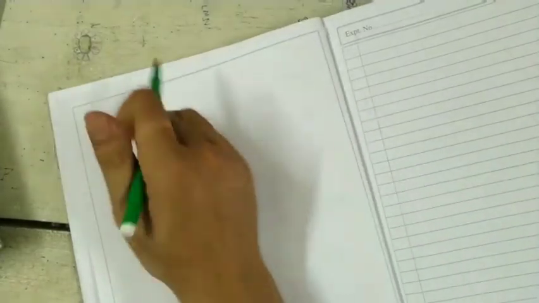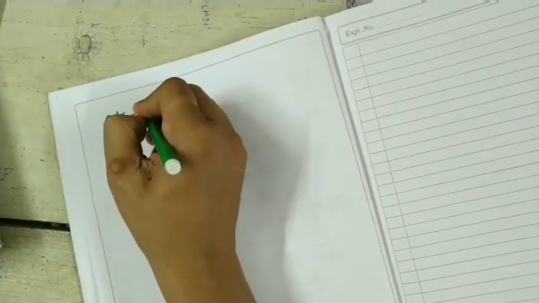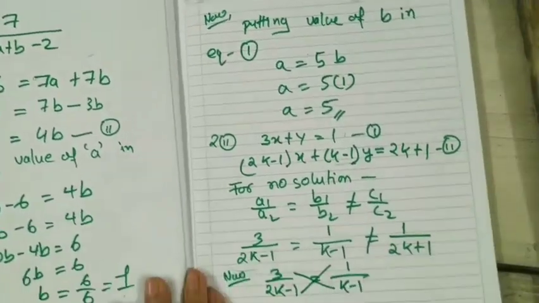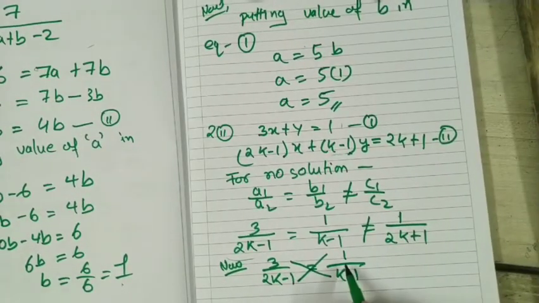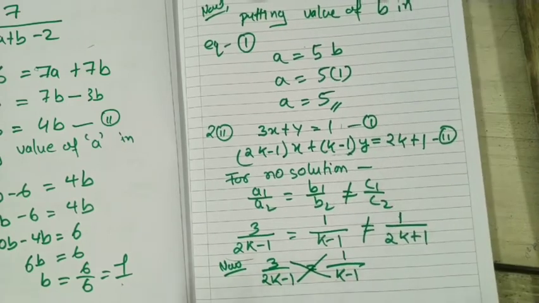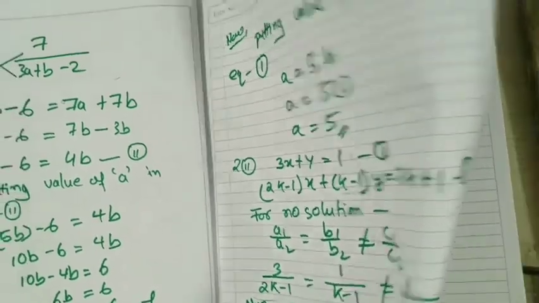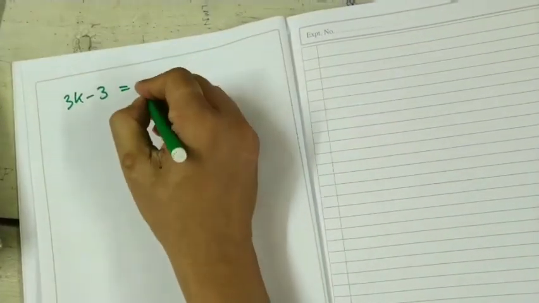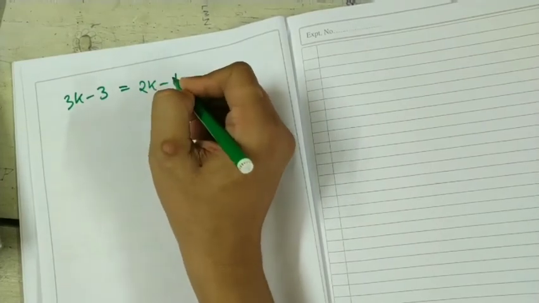So 3k minus 3 is equal to, on the other side, 2k minus 1 multiplied by 1: 1 into 2k, 2k, and 1 into 1, 1. So ultimately on the right hand side we get 2k minus 1.